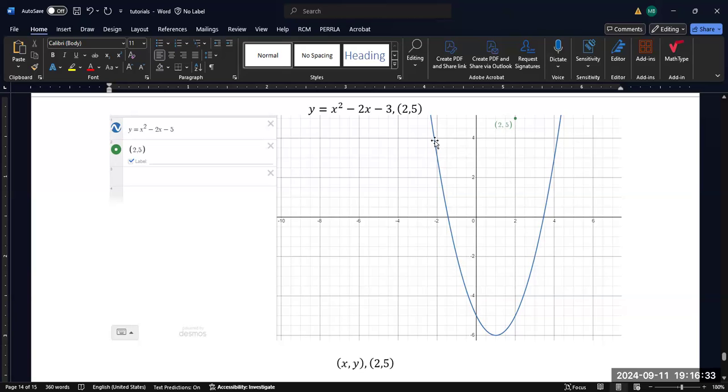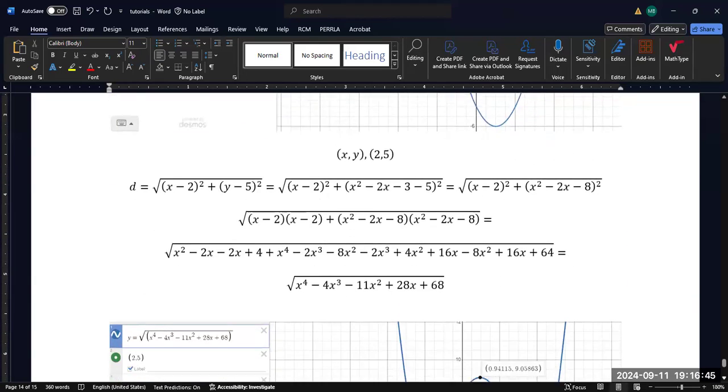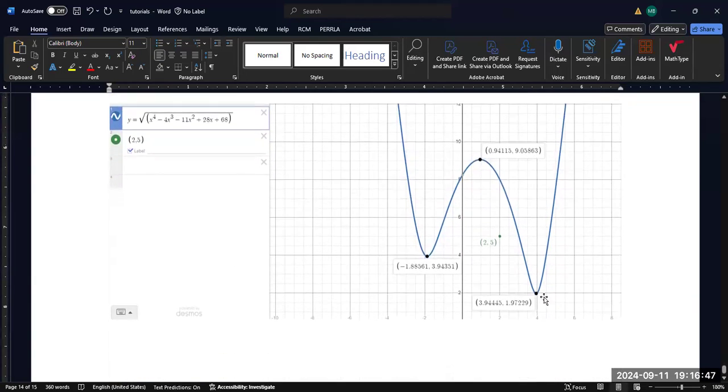There's another point over here, which is also going to be closer than other nearby values, not as close as you can get over here, but closer than you can get on this side of the graph. That's going to be this other local minimum. So that's going to be here. The distance will be 3.94, but the x coordinate where that happens is going to be −1.885, etc.